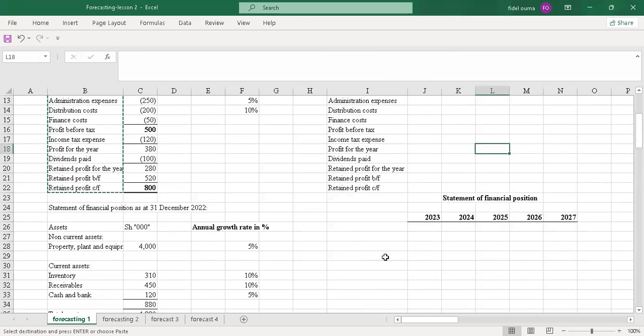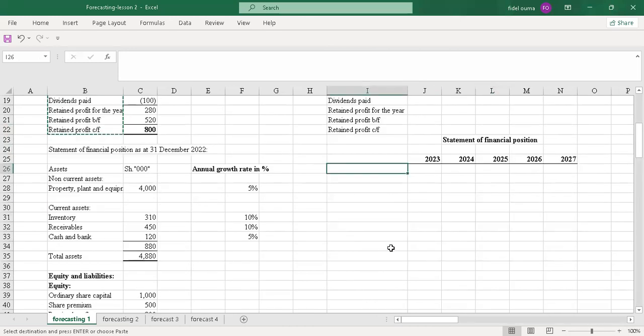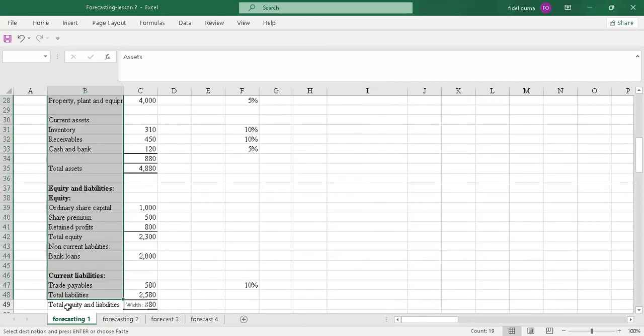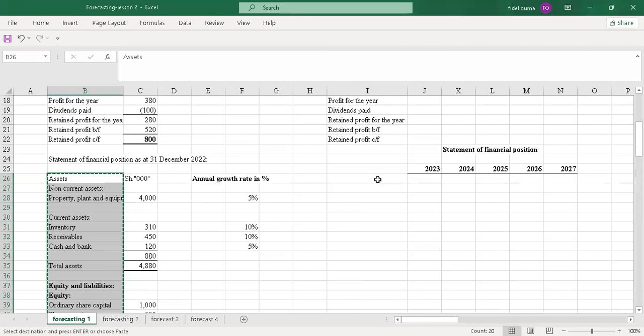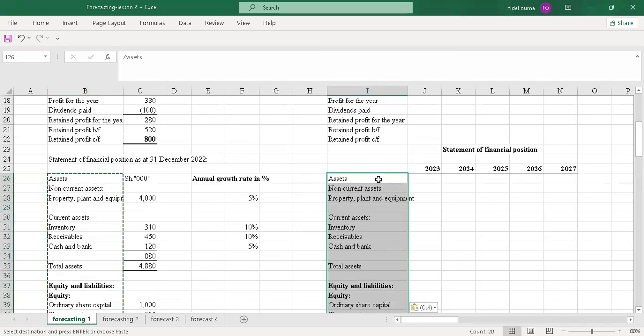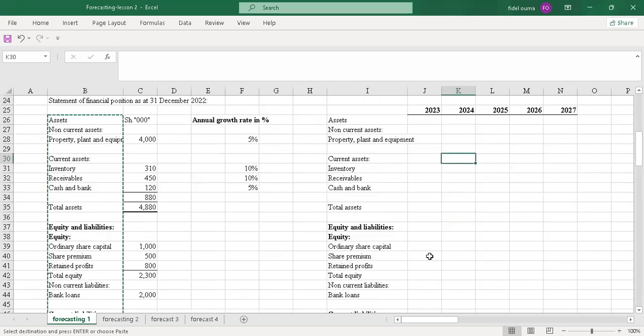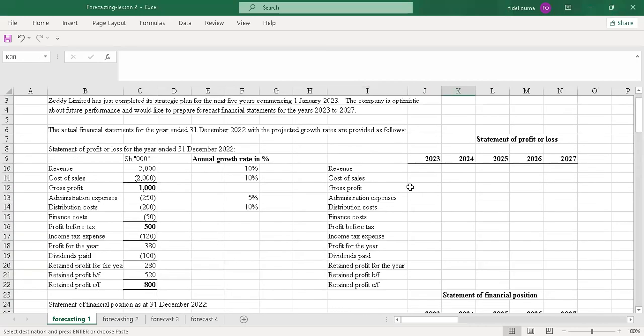You will do the same to the statement of financial position. So I just copy this, Control C, and you just come and say Control V. And you'll have everything copied. Yeah. So it's easier that way.